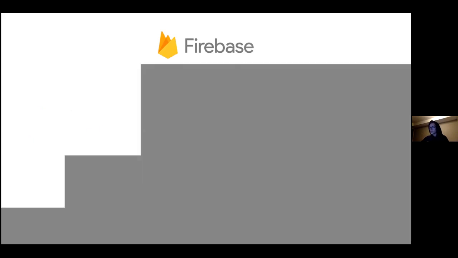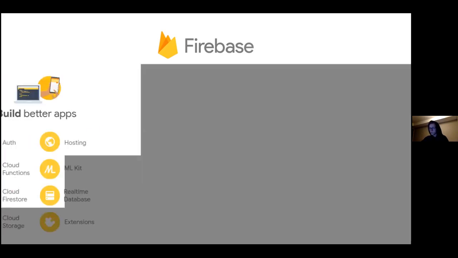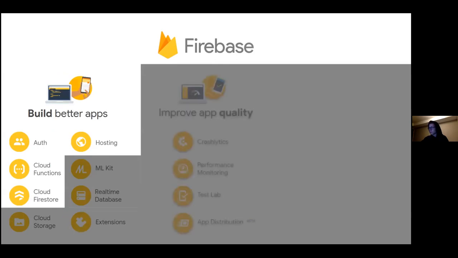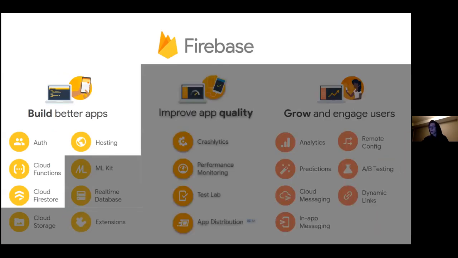Out of all of this, wow, this loaded less epic than I expected, but out of all of this, what you'll need is essentially these four services that you're going to use the most: auth, hosting, functions, and Firestore. So I'm just going to cover those in more detail.